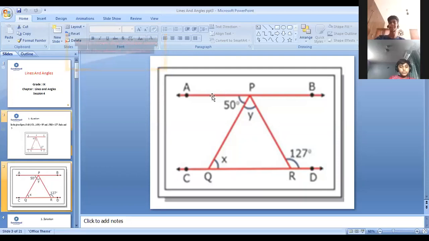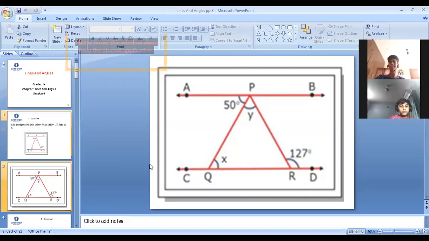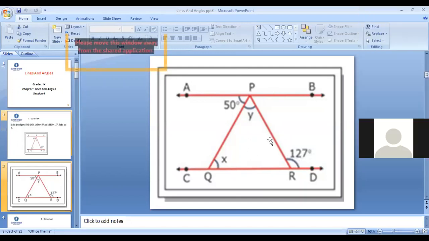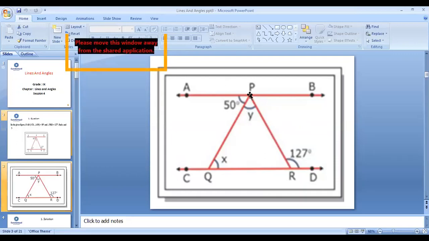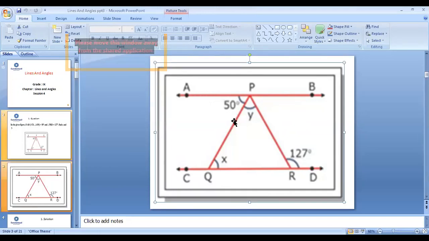Now just observe this, children. AB is parallel to CD, so PR acts as a transversal. You can see the mouse pointer. We know that whenever a letter Z or reflection of Z is formed, it gives alternate interior angles.